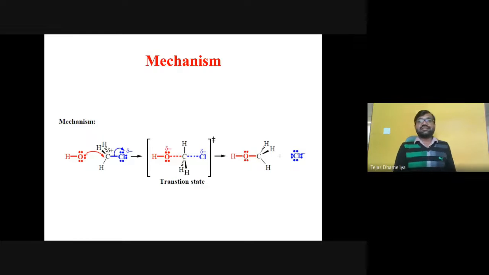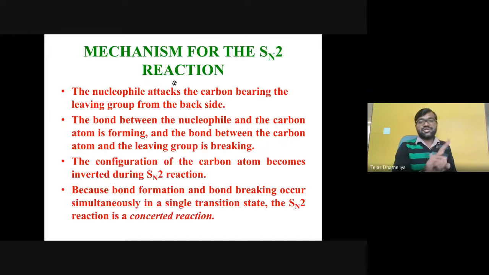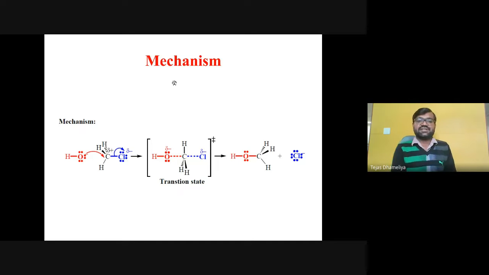So let us learn this first: how this SN2 reaction is possible. The description of the same is presented on this slide in text form, and the schematic representation is here on this slide.